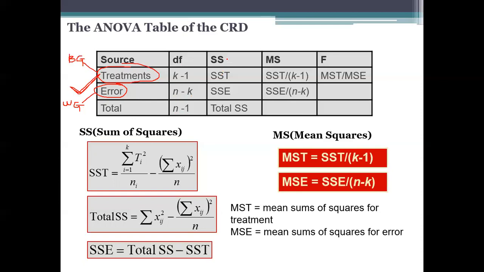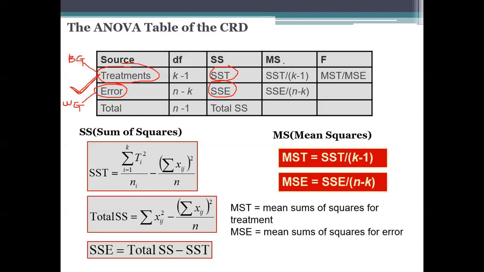SS is referred to as sum of square. The sum of square for treatment is known as SST, and the sum of square of error or within group is known as SSE. MS is referred to as mean square.